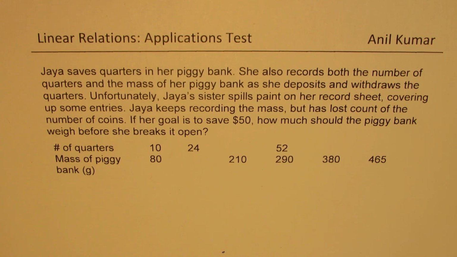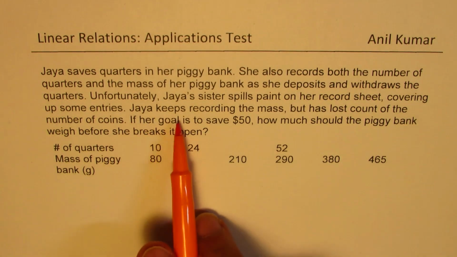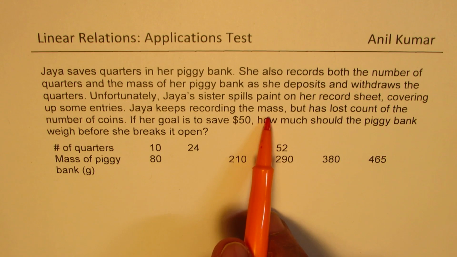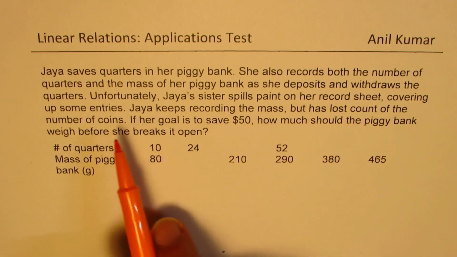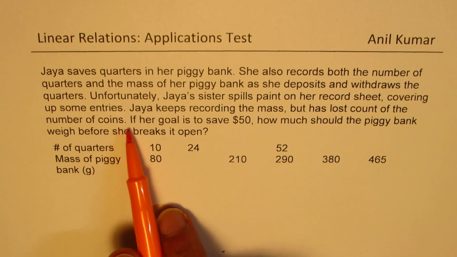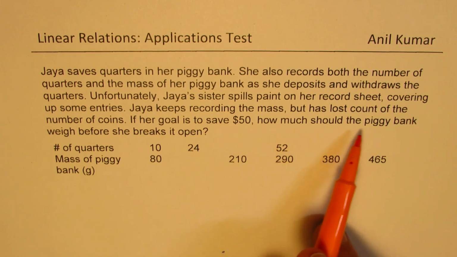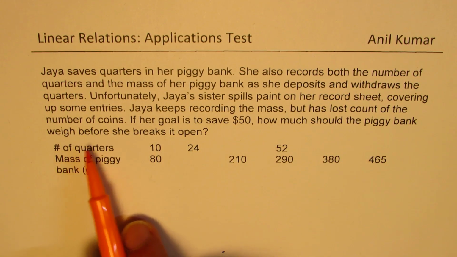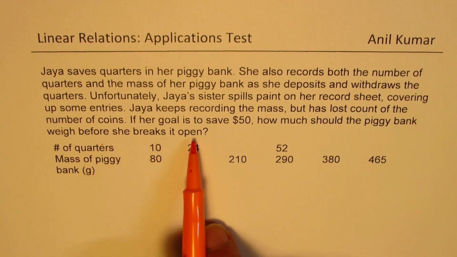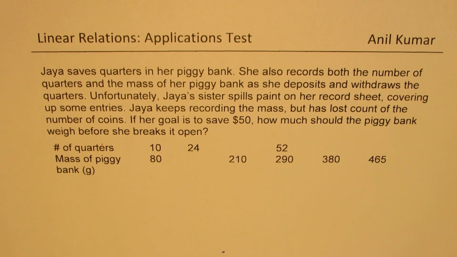Unfortunately, Jaya's sister spills paint on her record sheet, covering up some entries. Jaya keeps recording the mass, but has lost count of the number of coins. If her goal is to save $50, how much should the piggy bank weigh before she breaks it open? Very interesting question, right? You can pause the video and answer this question.